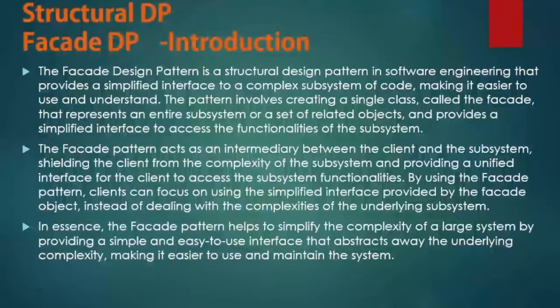In essence, the facade pattern helps to simplify the complexity of a large system by providing a simple and easy to use interface that abstracts away the underlying complexity, making it easy to use and maintain the system.